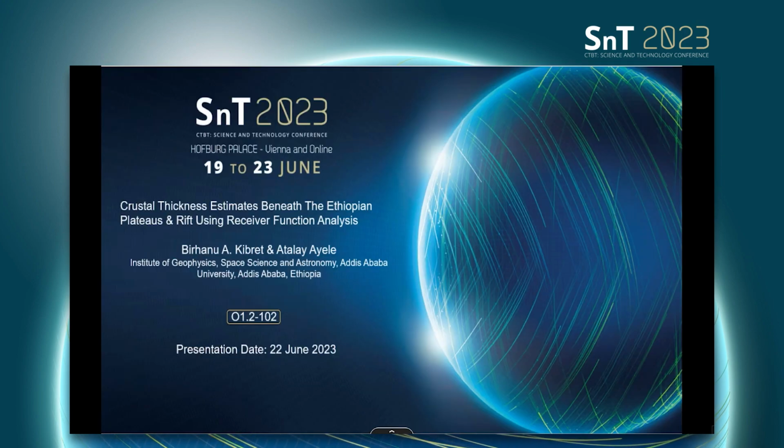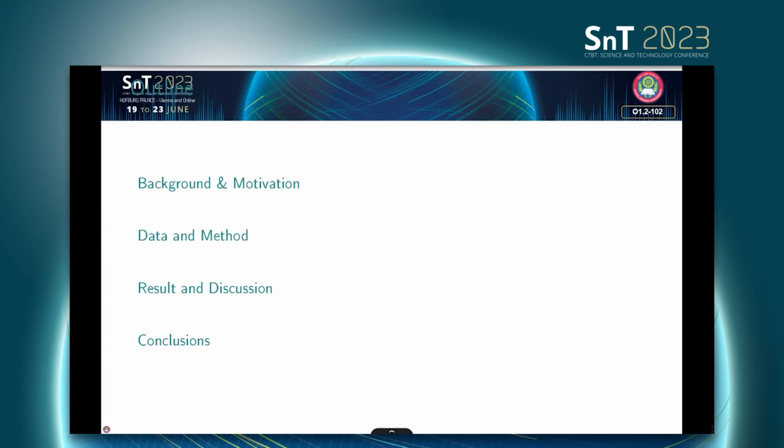Okay, thank you. My topic of the presentation is crustal structure beneath the Ethiopian Plateau and the Ethiopian Rift. Here is the outline of the topics. First, I will go through background and motivation, data and methods, then result and discussion, and finally I will conclude.